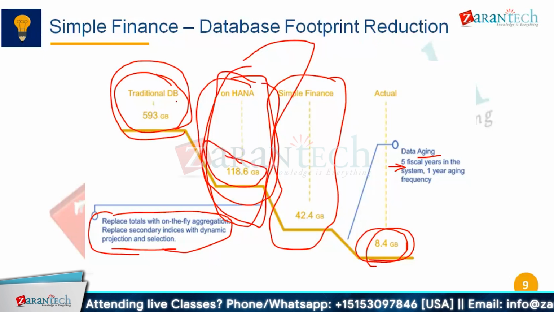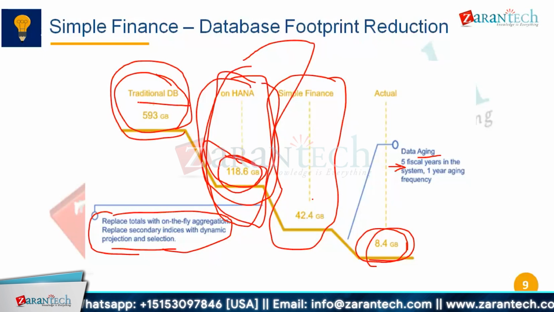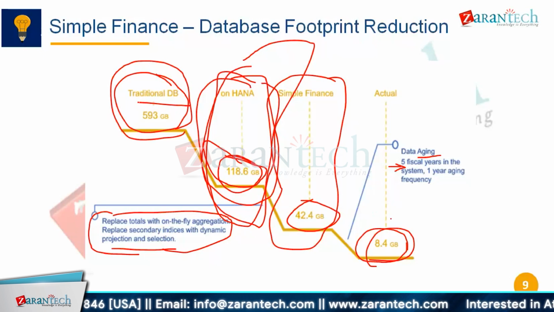The 593 GB which was consumed in the traditional database will be stored in the HANA database using just 118 GB. With simple finance, only 42.4 GB. So the way of data storage has changed. Okay, and aging data we could retrieve.